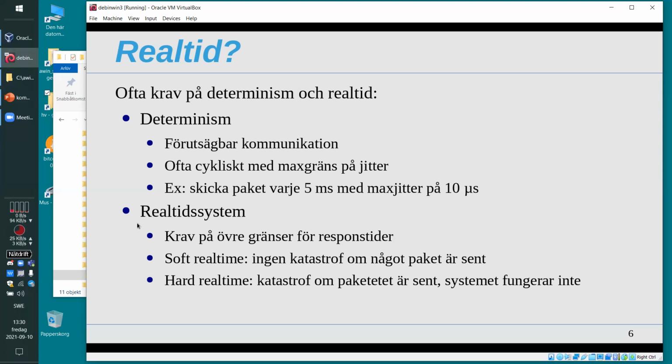It's quite related to real-time systems, but there it's more important to have upper limits for the response times. And sometimes you distinguish between soft and hard real time. For soft, if you miss a deadline, if a packet arrives late, it's not that critical. The system will keep running, with only degraded performance. But in hard real time, something bad happens.